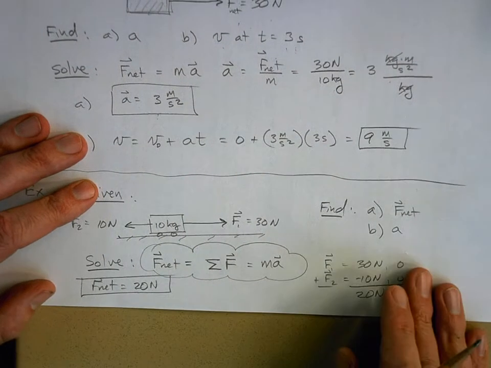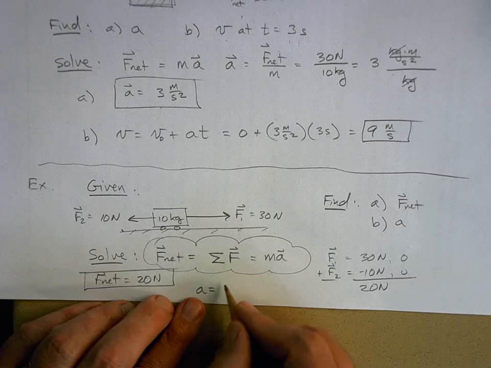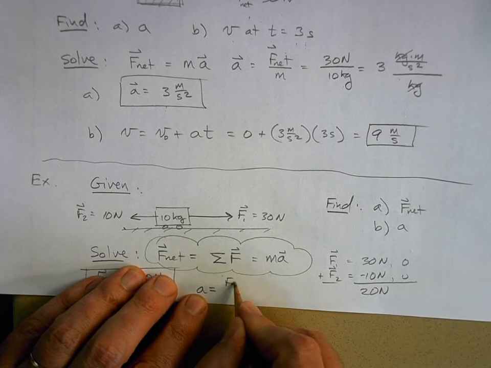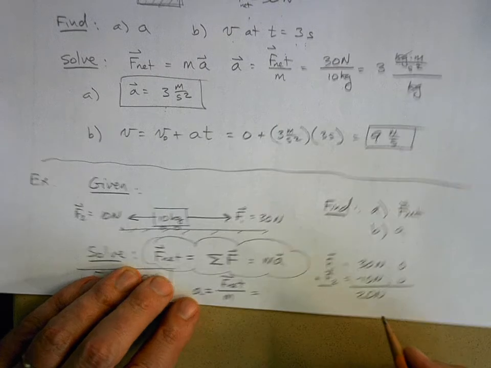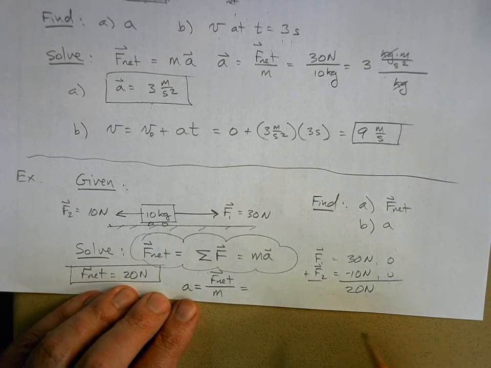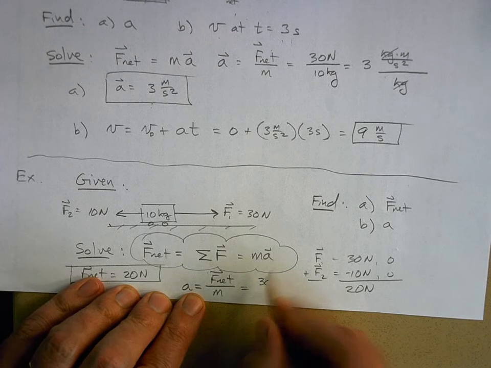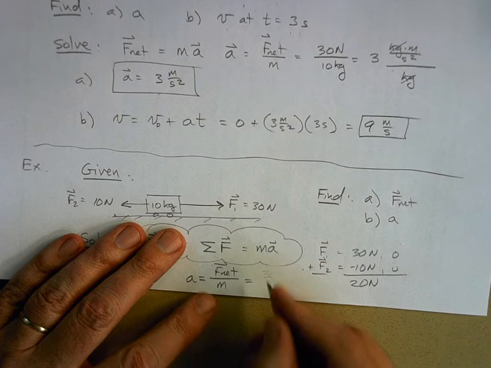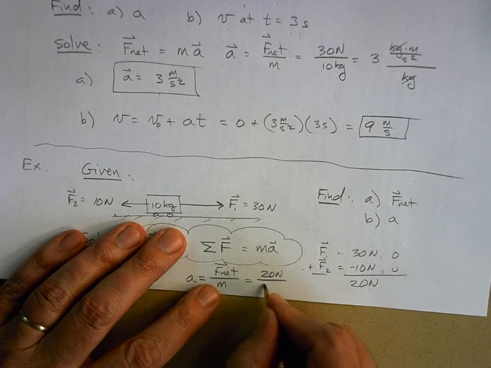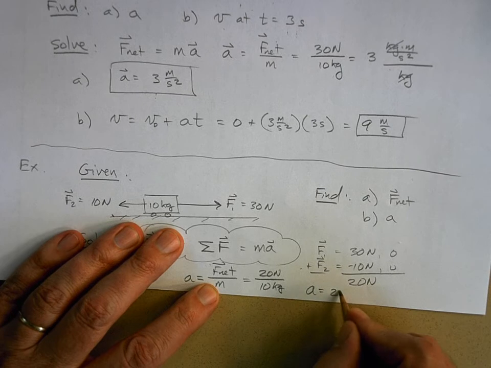Now what's the acceleration? Well, we're going to take that net force and divide it by the mass, because F equals ma. And so we have 20 newtons divided by 10 kilograms, which gives our answer: a equals 2 meters per second squared. It is that easy.